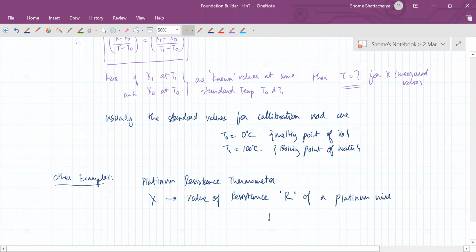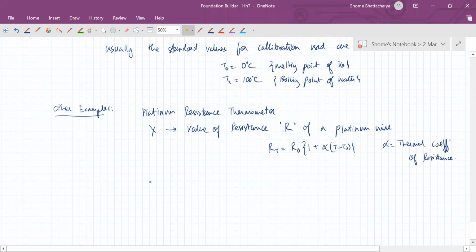So resistance at some temperature T is resistance at temperature T naught into 1 plus some coefficient into temperature difference, where alpha is the thermal coefficient of resistance instead of linear coefficient of expansion.